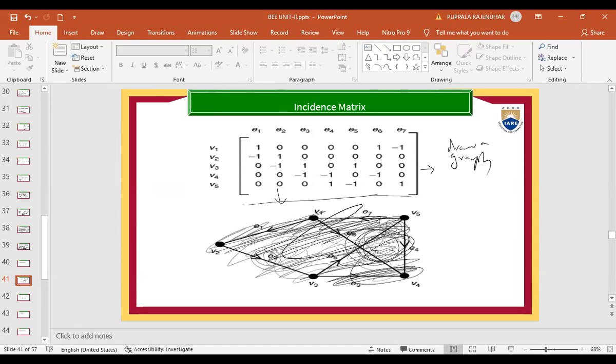I will give you 2 minutes. Just try to get a graph for this. Okay. I will clear this again, and afterwards you can verify whether the graph you drew is correct or not.